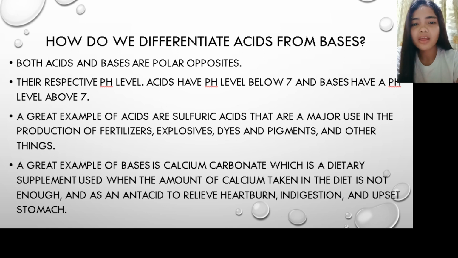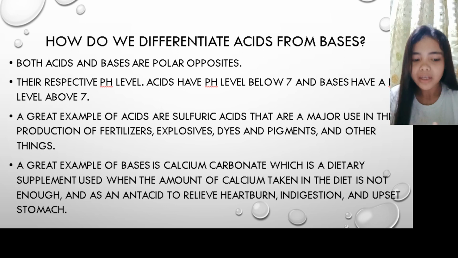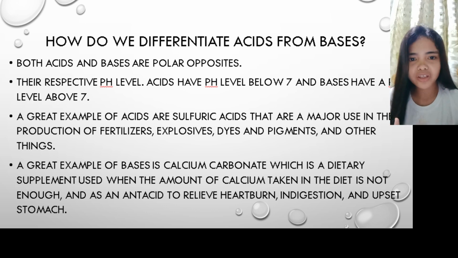Other than that, their respective pH levels also differ, since an acid has a pH level below 7, while a base has a pH level above 7. A great example of acids is sulfuric acid, which is present in the production of fertilizers, explosives, dyes and pigments, and other things.